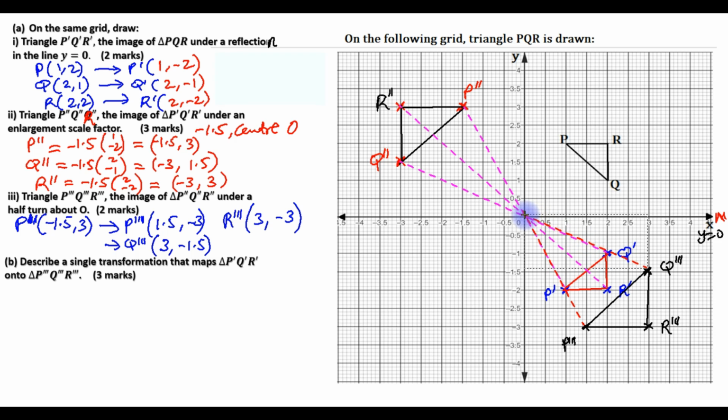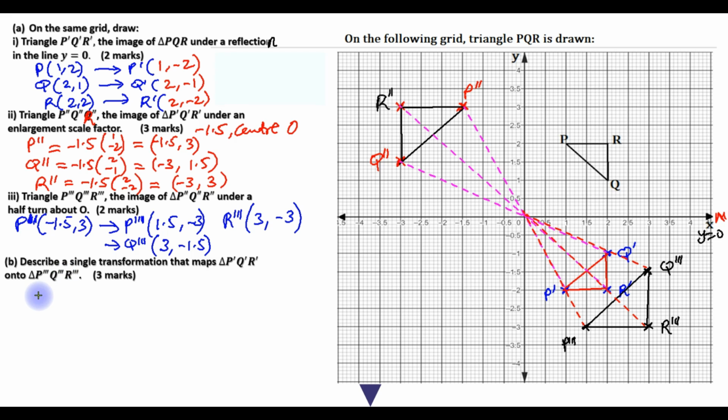If you join them, they are meeting at a certain point, and that is the origin. That means there is an enlargement, and the center is the origin. So for us to describe it, we have to give the scale factor and also the center of enlargement as required.